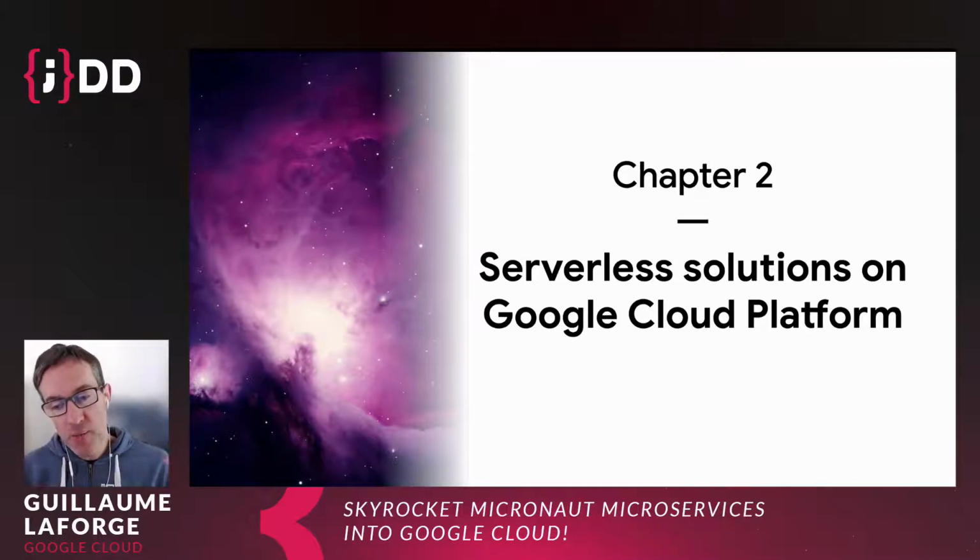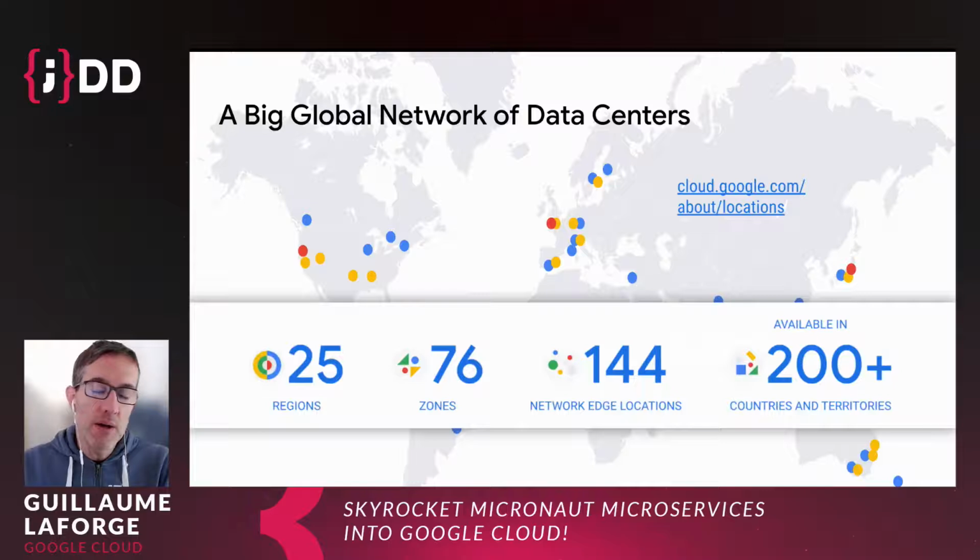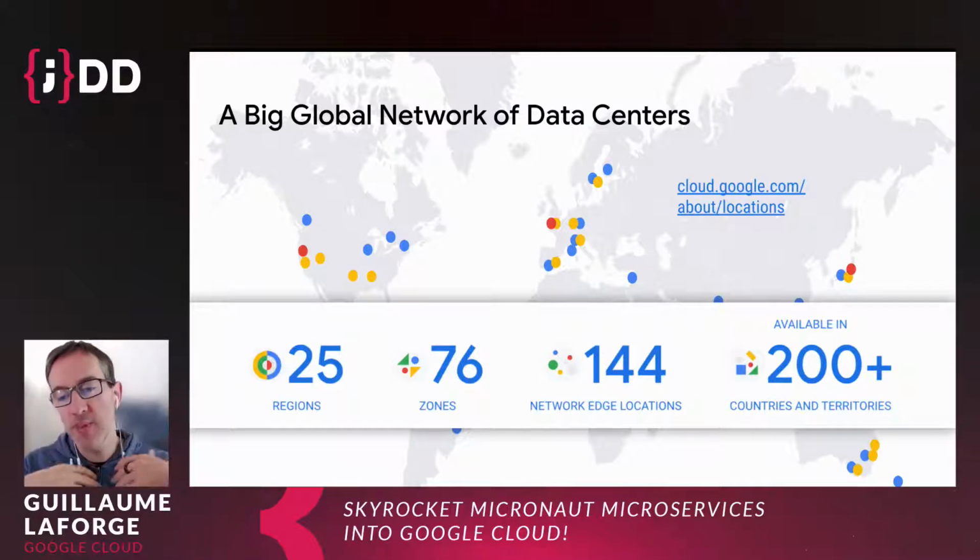Now that we know what Micronaut is about, I'm going to deploy my Micronaut microservices on Google Cloud, and particularly the serverless products, because that's mainly the products I'm focusing on and that I'm a fan of. So Google Cloud Platform is, well, that's the advertisement part of the talk, available in many regions, many zones.